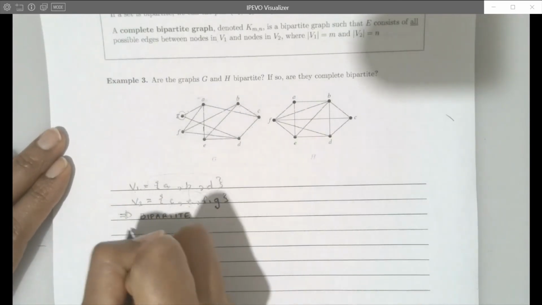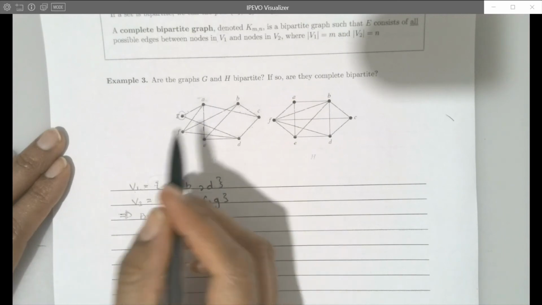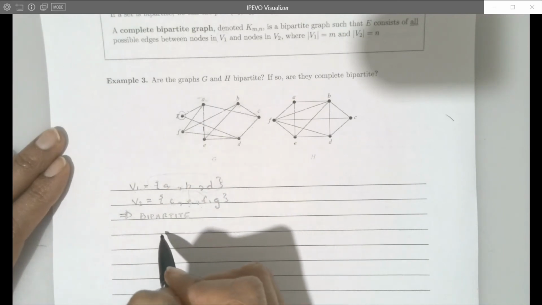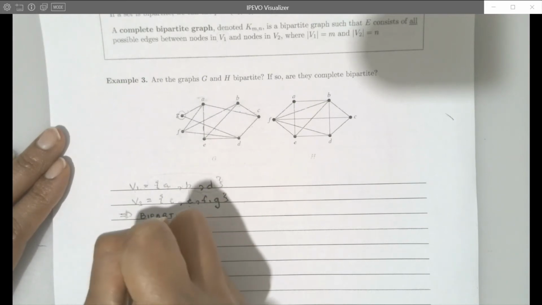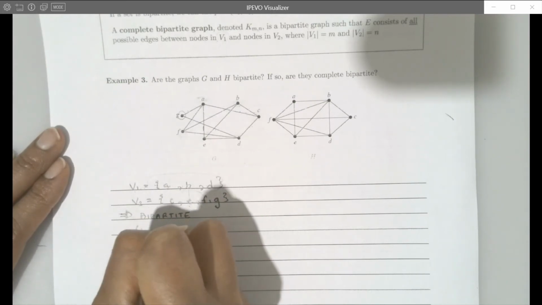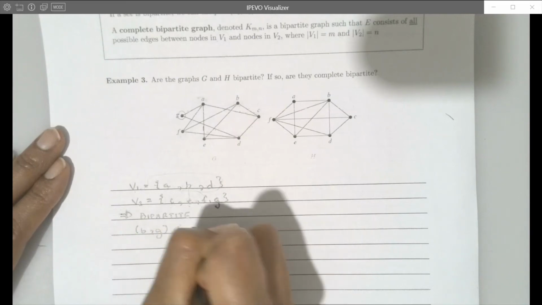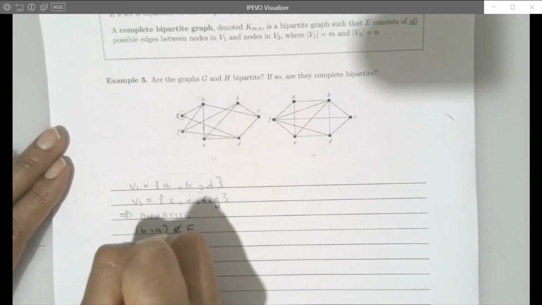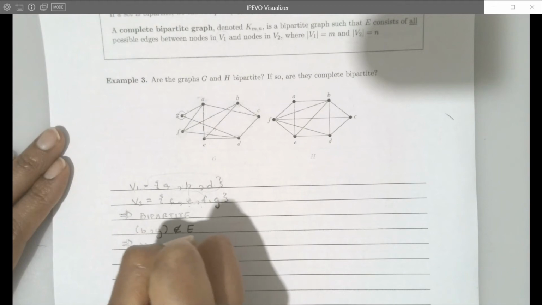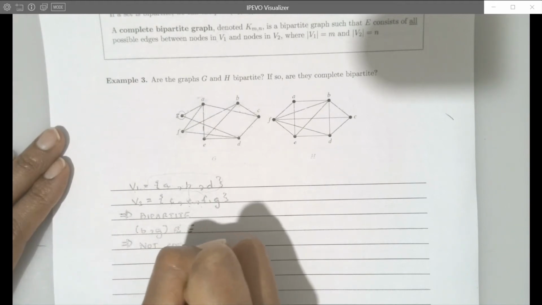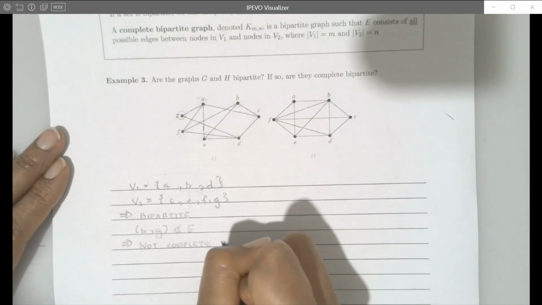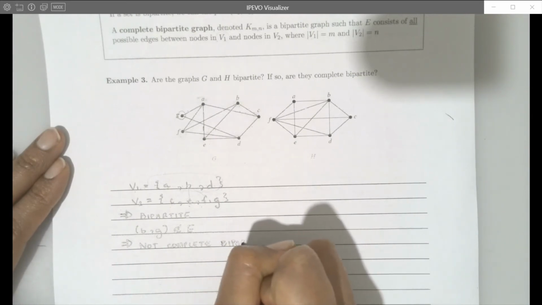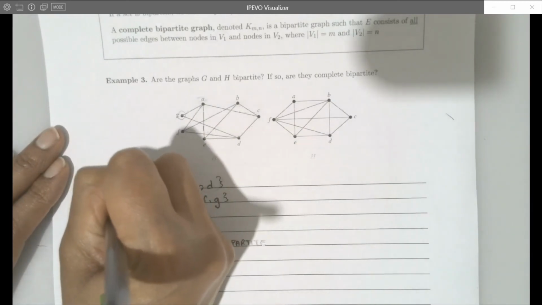So because B with G is not part of the graph, then this is not a complete bipartite.